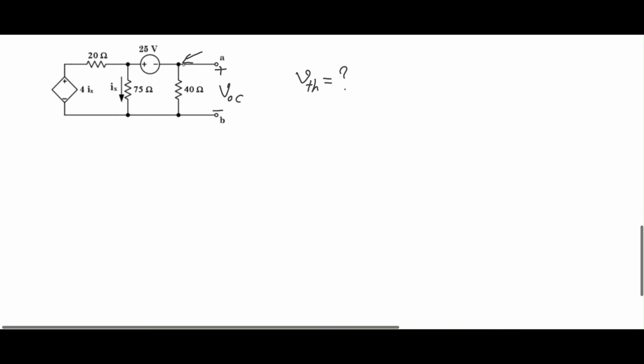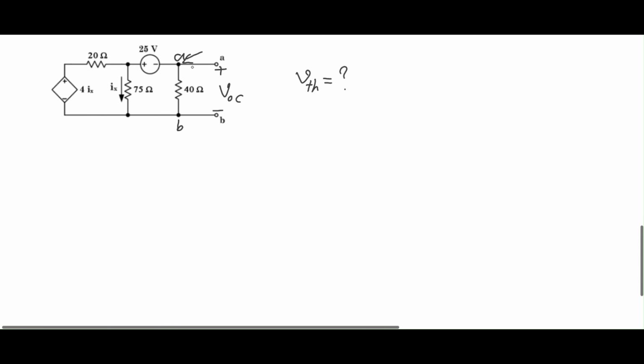I can just cut these points, and call this point A and this point B, because this is all wire, and wires are the same potential, right? So this potential will be transferred to here, and this potential will be transferred to here.